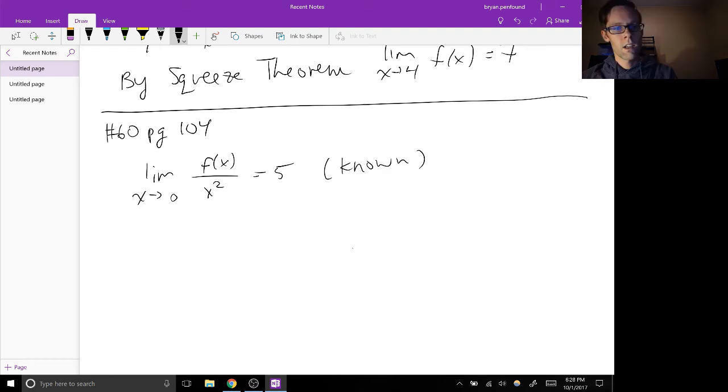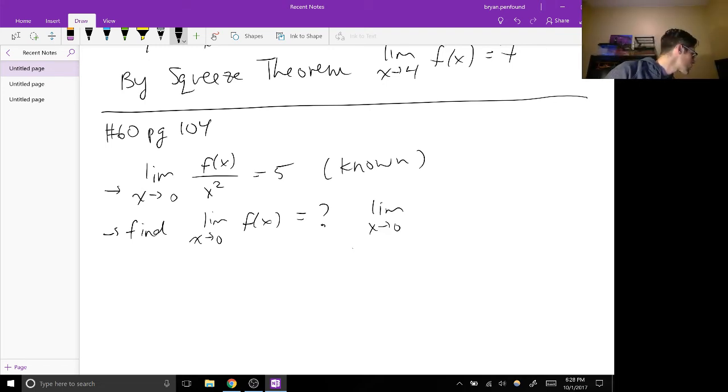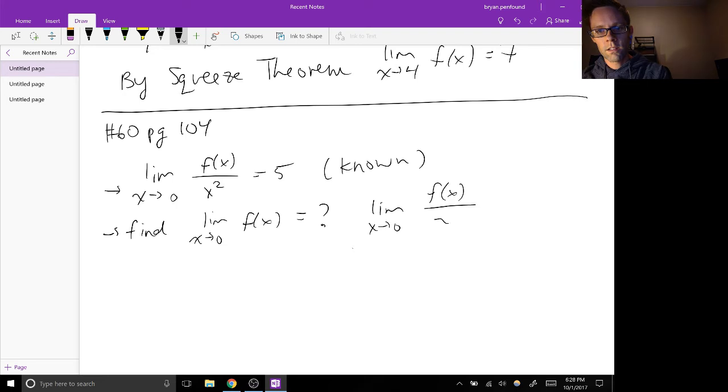And it wants us to find, or to calculate, the limit as x approaches 0 of f of x, and the limit as x approaches 0 of f of x divided by x. Okay, so what are these two limits?